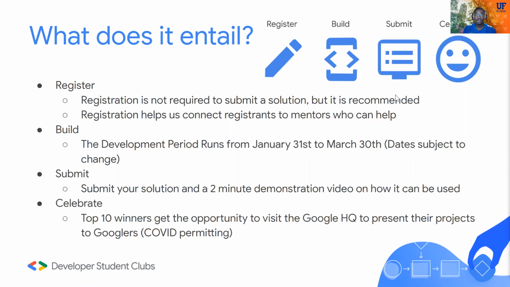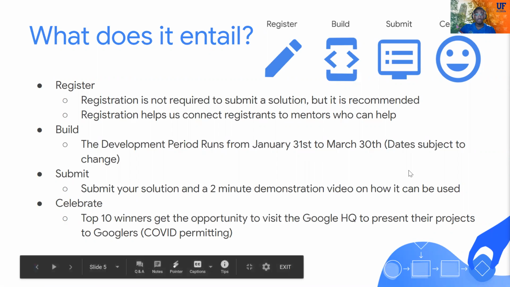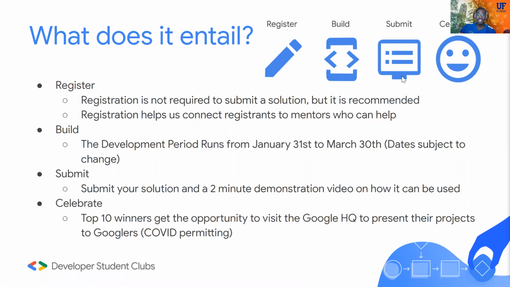This demonstration video is very important because it is the criteria they use to judge your actual project. This demo video has to show an understanding of the problem that you're solving, a very clear and concise explanation of what your solution is, as well as a demonstration that shows what you created and how it actually solves the problem at hand.